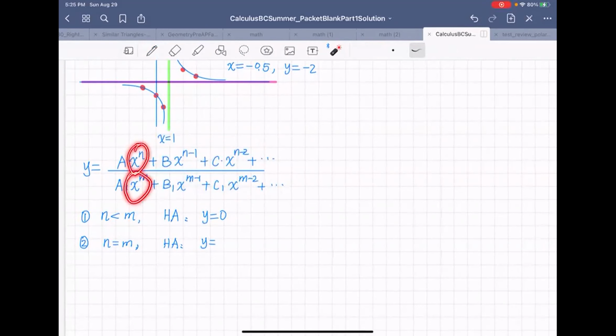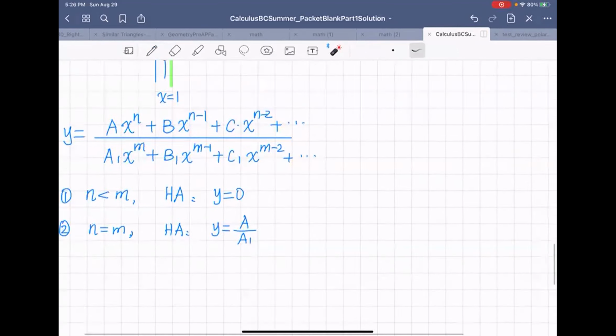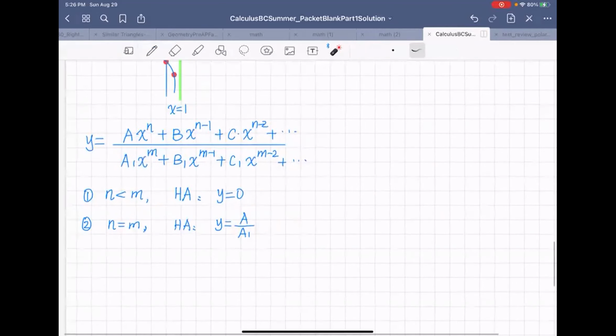And then y equals a divided by a1. Correct? Yeah, it will be equal to 1 when these two are equal. Okay, correct. Right.